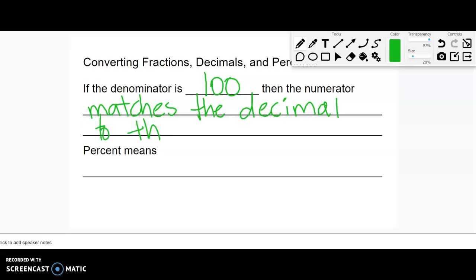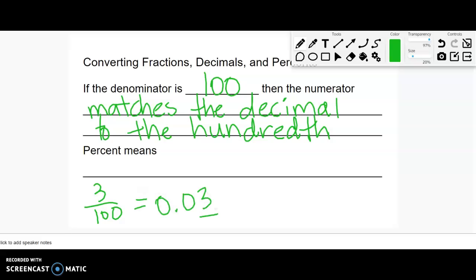But we do have to make sure it ends up in the hundredths place. For example, if it's only 3 hundredths, then we have to make sure we put it in the hundredths place, not the tenths place, which is tempting.